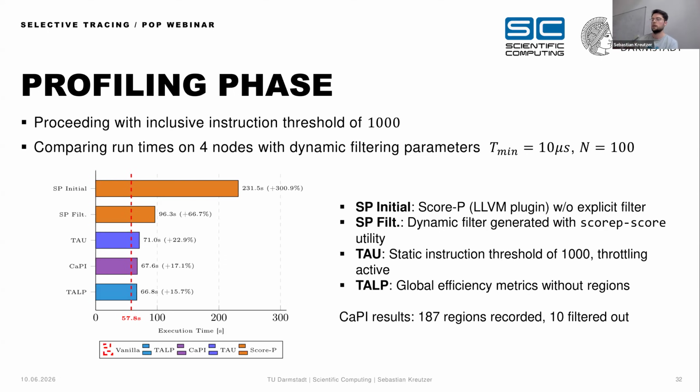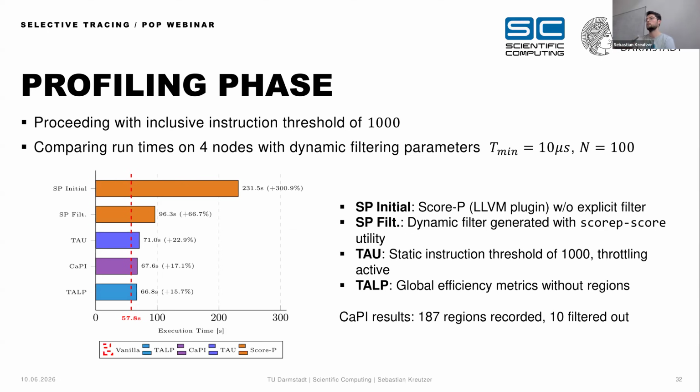And then also using a filtered variant where we generate dynamic filtering based on the SCORP score tool with the same parameters as above. Then we've also looked at tau. For tau, we've set a static instruction threshold of 1,000 and activated throttling.